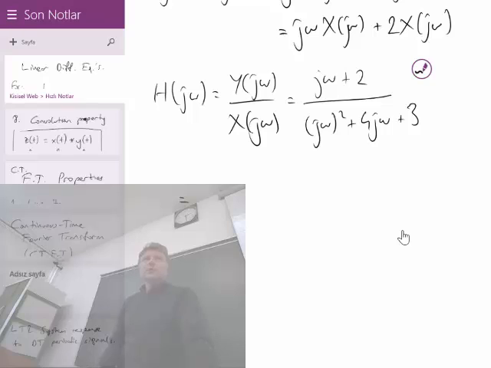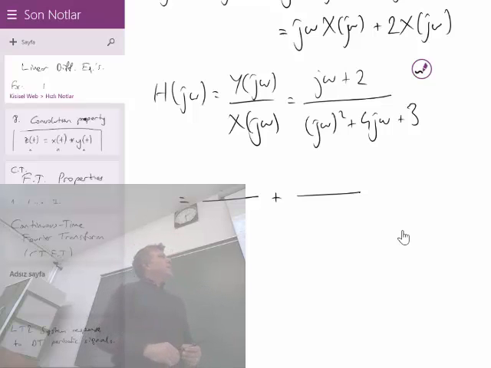This is a second order system. There is an omega square in the denominator. So how can we make it the summation of two first order systems? What are the denominators of those two first order systems? We will have to start from there.